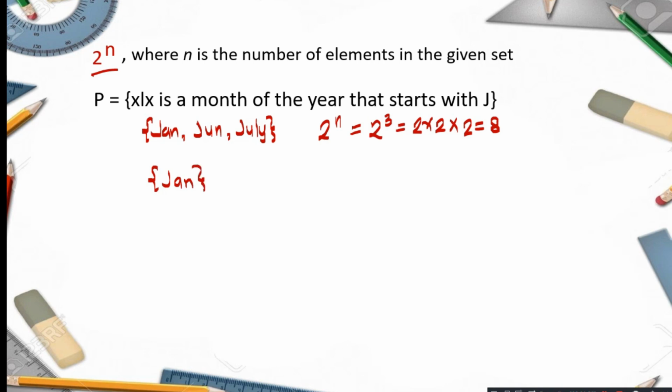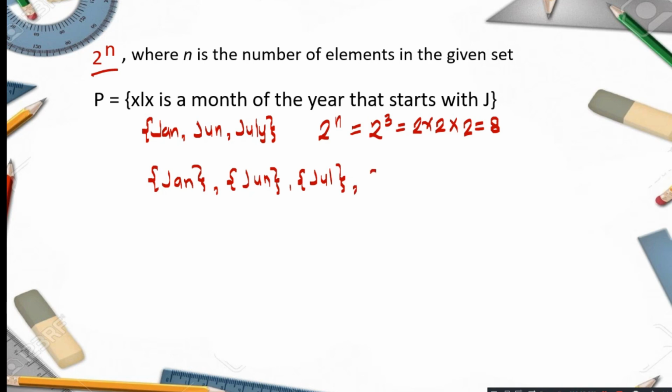Always remember to enclose each subset with braces. So we have January, June, and July. After having one element, let's have combination of two elements.